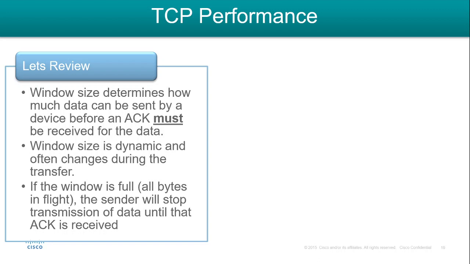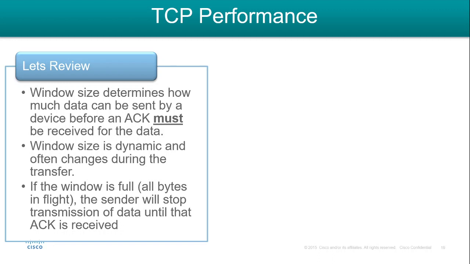If the amount of unacknowledged data equals our window size, the client will actually stop transmission and wait until it receives an acknowledgement for some of that data, simply because there's just too much there and we cannot exceed this window size. But what does this look like in terms of a visual?